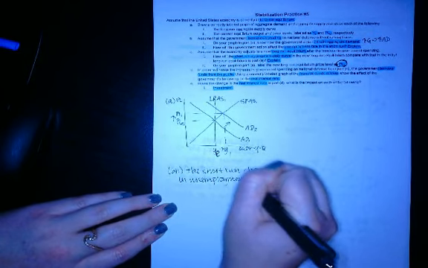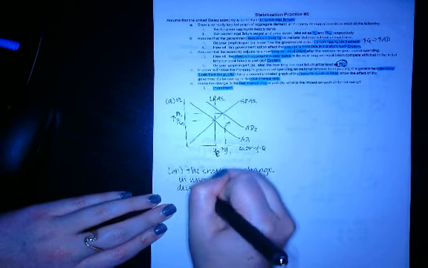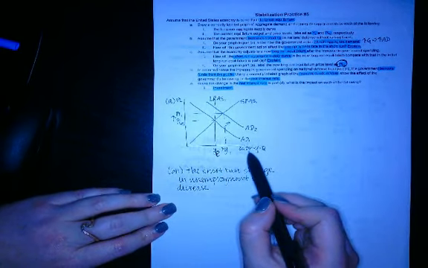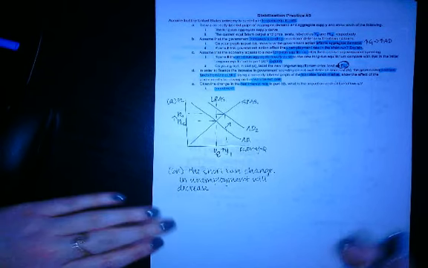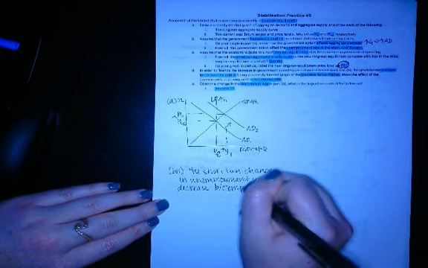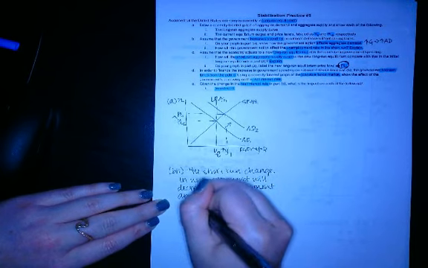Well, it will decrease. Okay, if this is full employment, and as we inch our way off to the right, we are decreasing our unemployment. So our unemployment will decrease because employment and/or output is increasing.